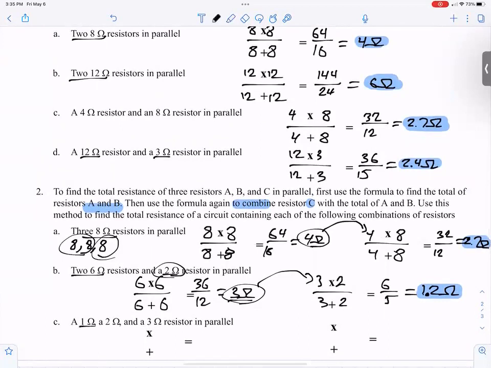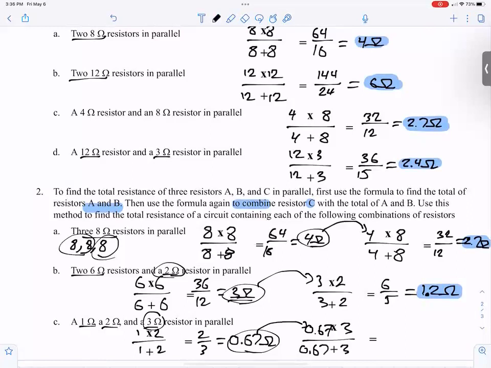Finally, we have a 1, a 2, and a 3-ohm resistor. So 1 times 2 over 1 plus 2. 1 times 2 is 2 over 1 plus 2 is 3. That's about 0.67 ohms, 2/3 of an ohm. That is going to be your first part. 0.67 times your third resistor, 3, over 0.67 plus 3.